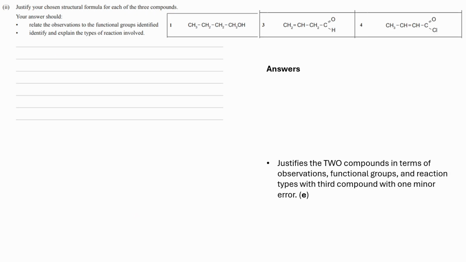Okay, so the next bit, they want you to justify the chosen structural formula for each of these three compounds. Okay, so we need to link it back to the observations. So one, why did we choose one? So in the paper, they don't tell you what the answers are, but you need to justify your answers. Now, of course, for one, the reason that we saw this is because the alcohol got oxidized to a carboxylic acid, right? This is an alcohol.